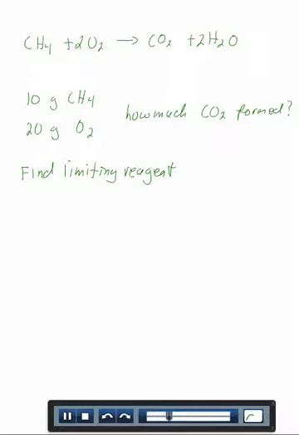And we count molecules using moles, just like we count eggs by dozens. We count molecules and atoms with moles. So we'll convert from grams to moles so that we can have a number of the amount of methane and oxygen we start with. So let's do that first.